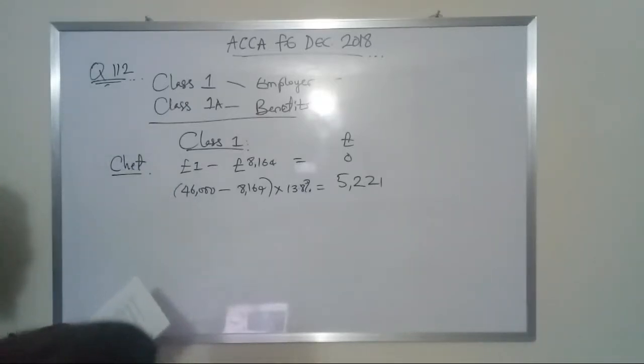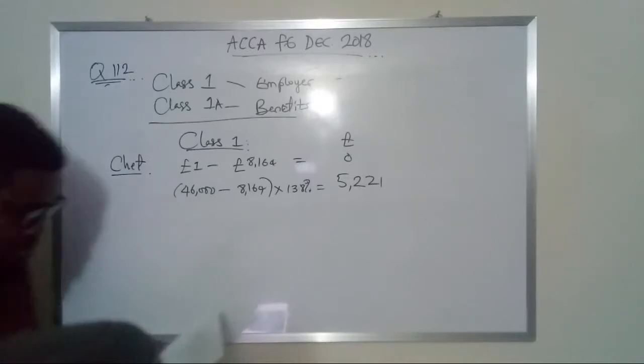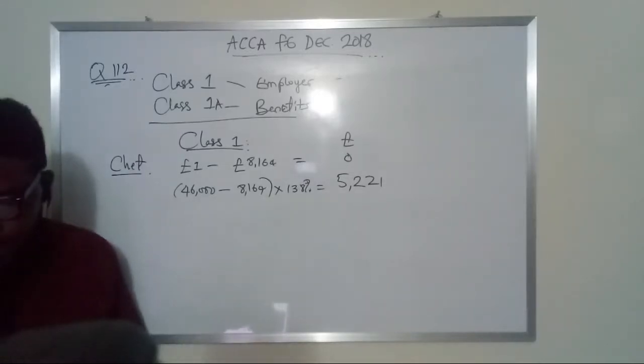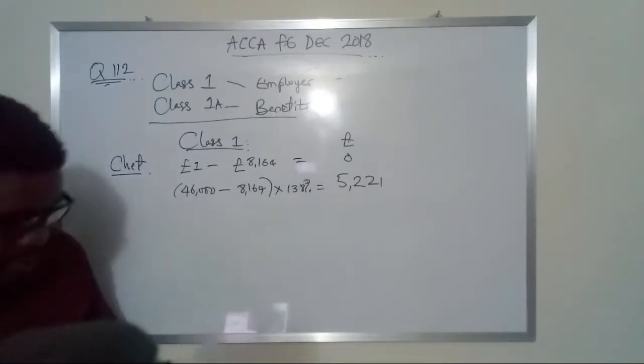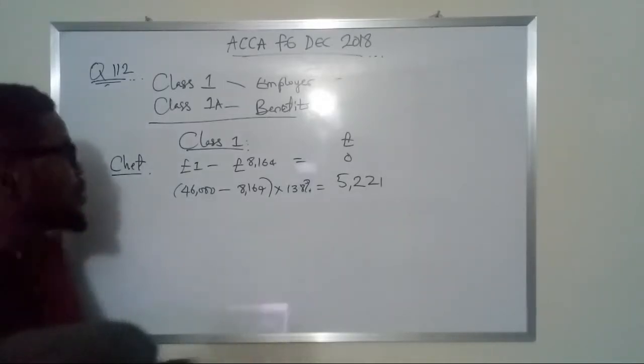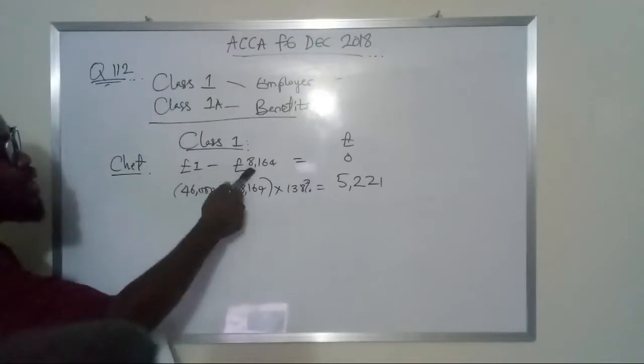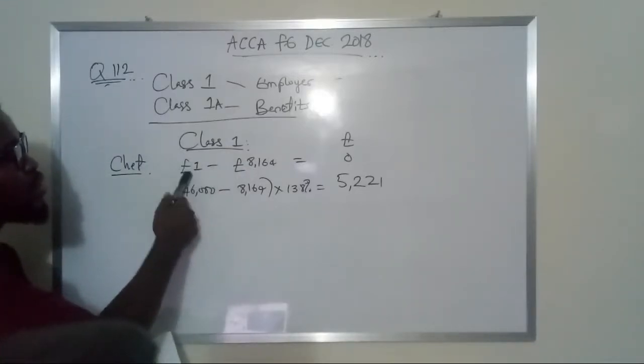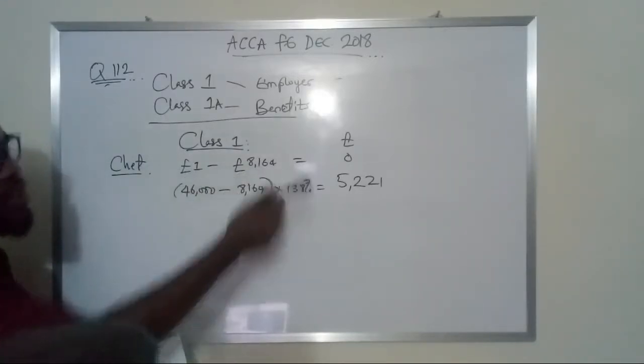A part-time waitress who was employed for 20 hours per week throughout the tax year 2017-18 on a gross annual salary of 8,000. Now, remember we said that from £1 to 8,164 is nil.